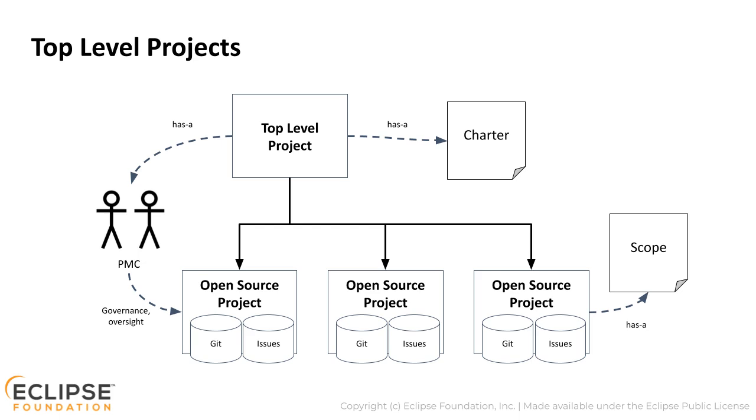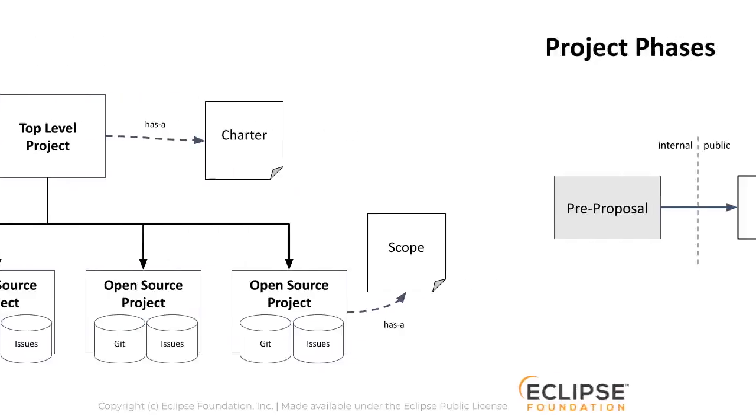As part of the project leadership chain, the PMC acts in the role of liaison between the open source project teams and the Eclipse Management Organization. The roles of the PMC and the Eclipse Management Organization, or EMO, are discussed in the Eclipse Project Roles video.